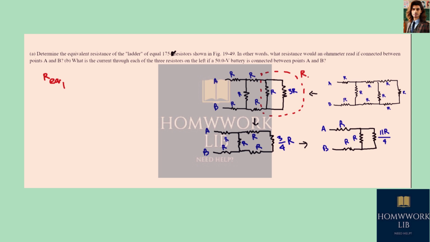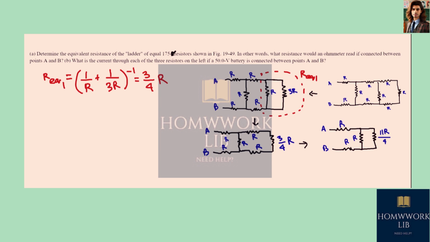Let's name it. And this should be equal to 1 over R plus 1 over 3R, reciprocal, which is equal to 3 over 4R. So that part is 3 over 4R, and as you can see, I've written it there as well.